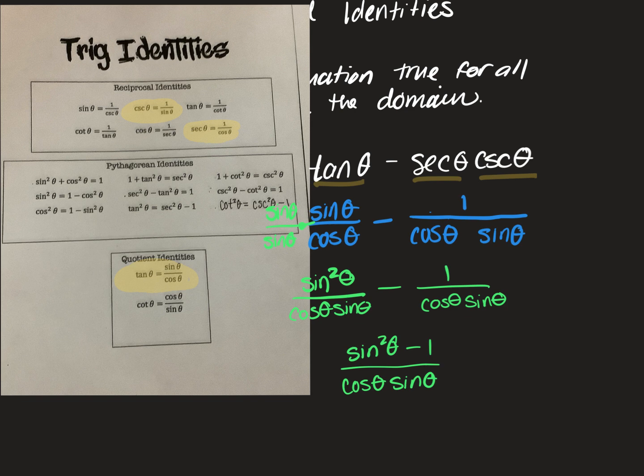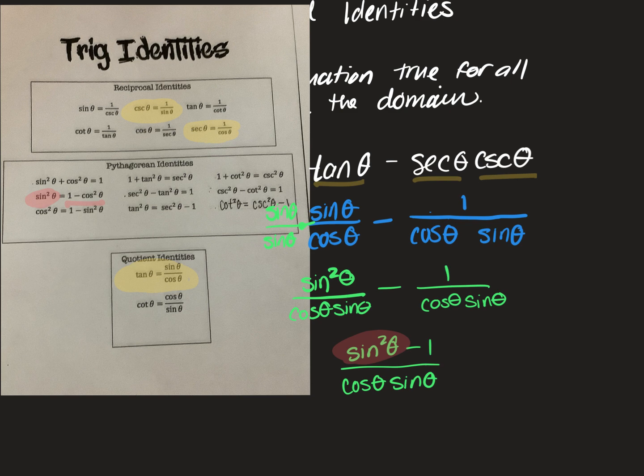All right, so now I'm going to change sine squared to this, because that's going to make that 1 go away. I have a 1 and a minus 1, so it's going to let me cancel those out.